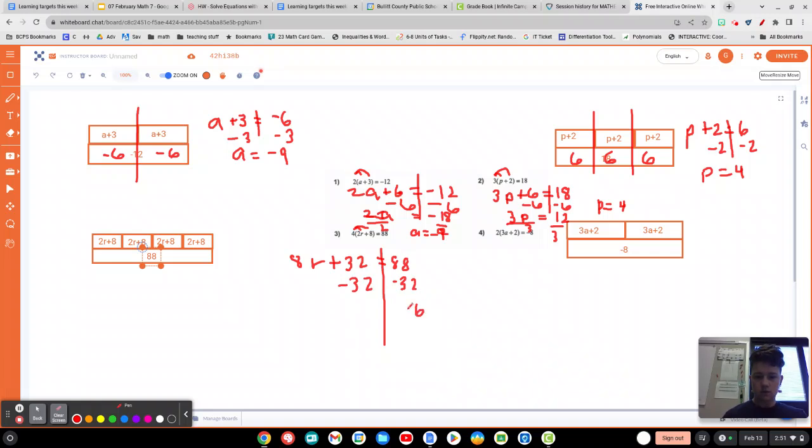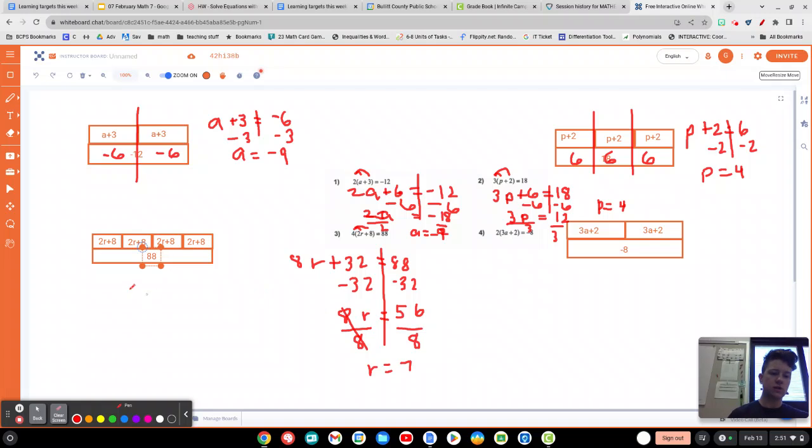And that gets me 56 is 8r. And then you divide by 8 to get that coefficient away from r. We're always isolating our variable. R is equal to 7.